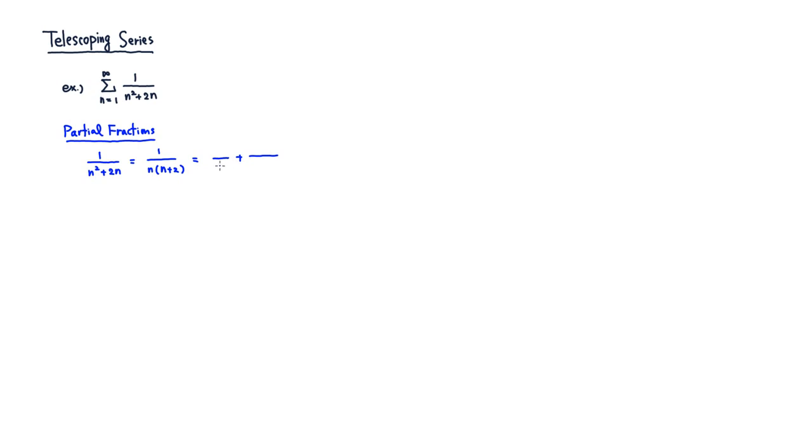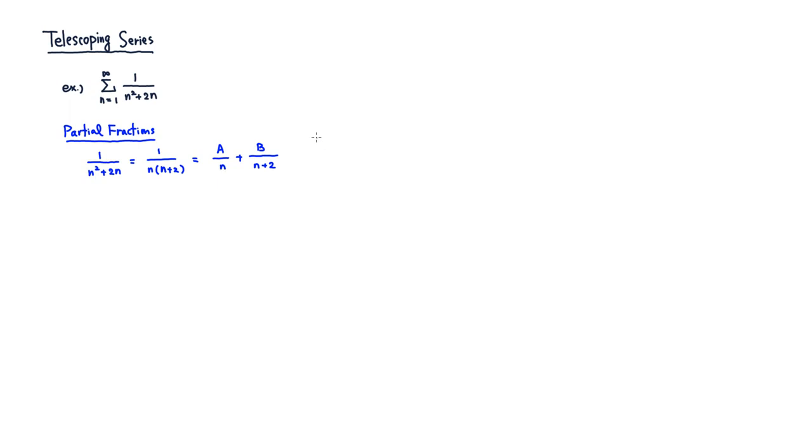One factor is n, and another factor is n plus 2. Then it's going to have some constant here, which we don't know yet, and a constant here. If you have a linear term, the numerator is a constant, one degree less. So let's try to find a and b.